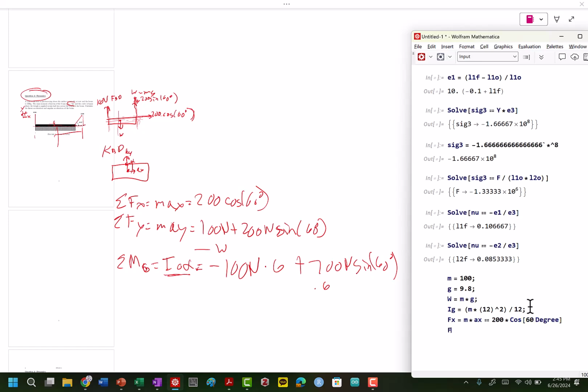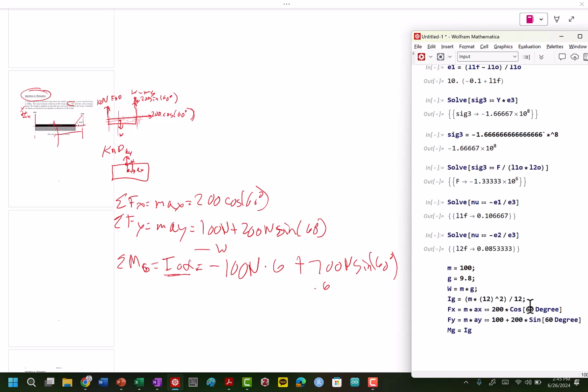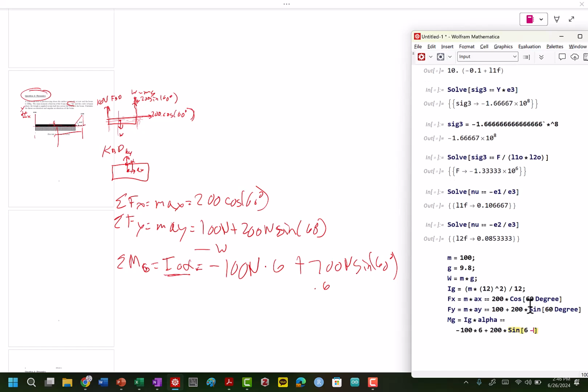And then we have Fy equals m times ay, equals 100 plus 200 times sine of 60 degrees. And then finally we have the moment, which is equal to IG times alpha, which is equal to minus 100 times 6 plus 200 times sine of 60 degrees times 6.